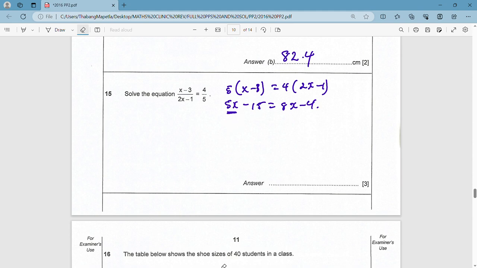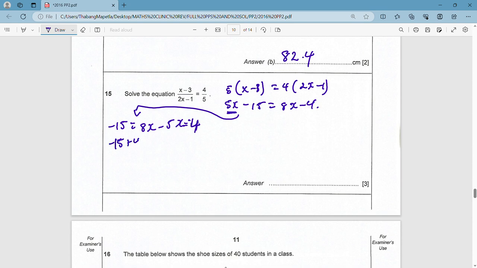Let me not skip the steps. So it's going to be negative 15 is equal to 8x minus 5x minus 4. Take 4 to the other side. It was negative, it's going to be a plus.